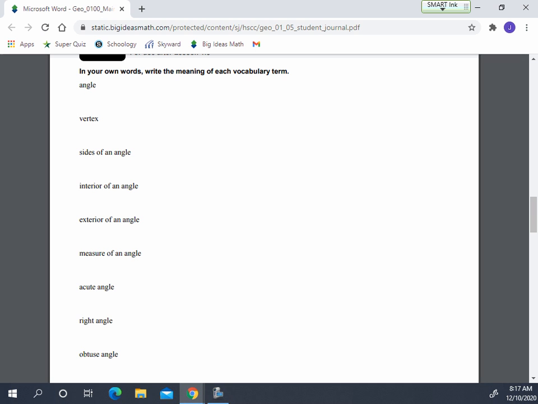The measure of an angle. We just did that up top. We have to start at one point, and then go to the vertex, then to the second point.